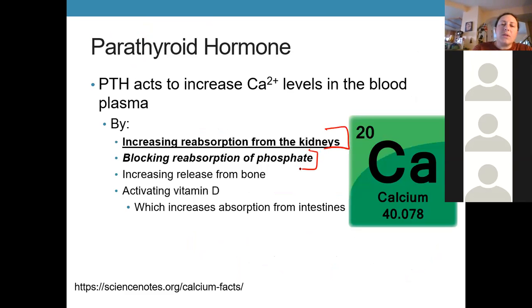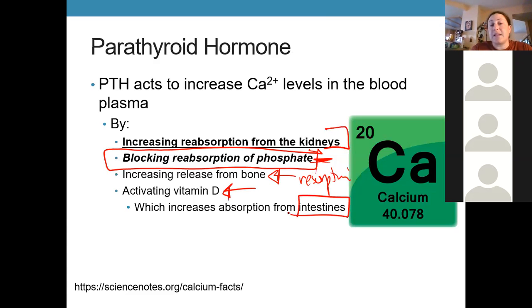It also blocks reabsorption of phosphate, so that there is more phosphate in the urine when we do this. It increases the release of calcium from bone, right? Resorption. And then it activates vitamin D, which increases the absorption of calcium from the intestines, as well as enhancing both of these things.